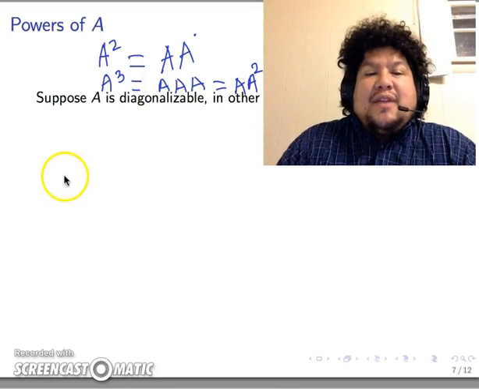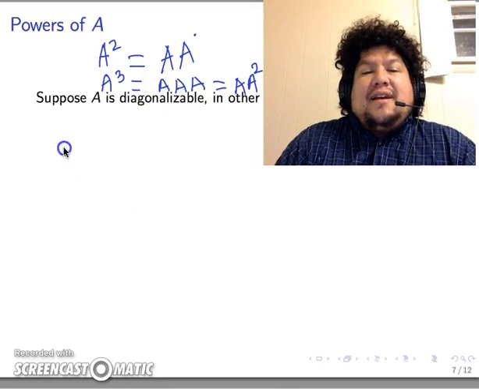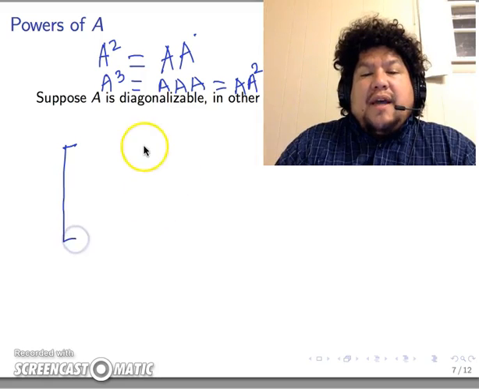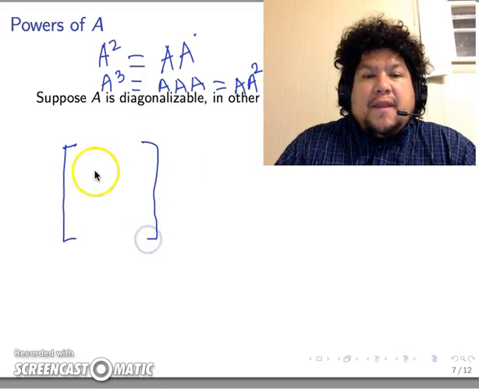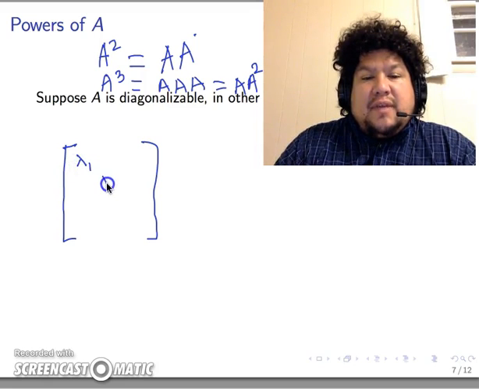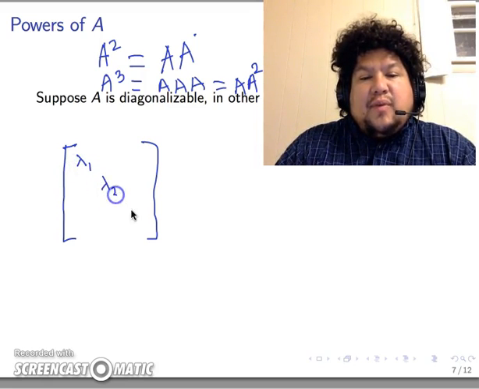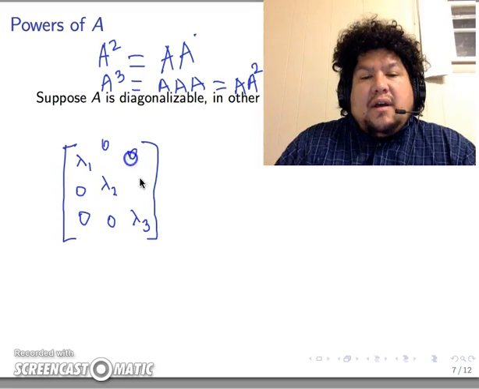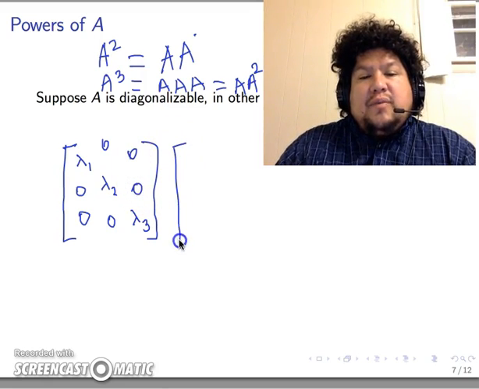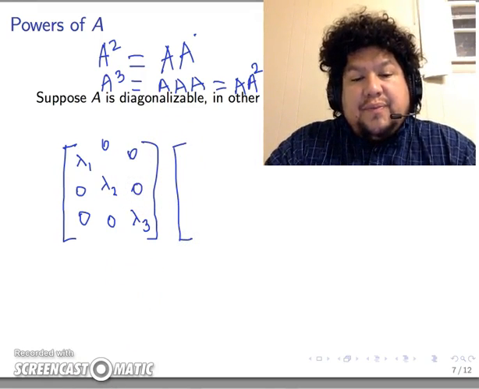But one thing we'd like to note is what happens if we're multiplying a diagonal matrix. So let's say we have lambda 1, lambda 2, and lambda 3. For example, this is a diagonal matrix that is 3 by 3, and let's say we multiply this by itself.